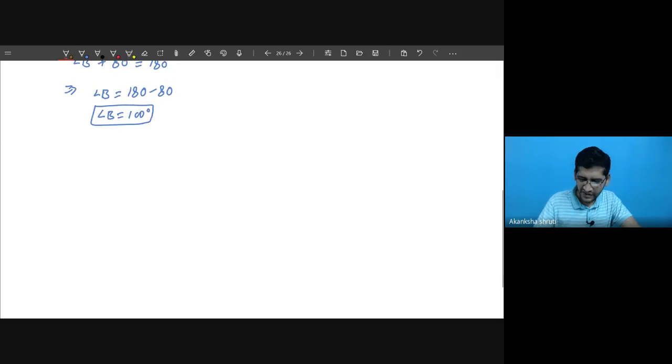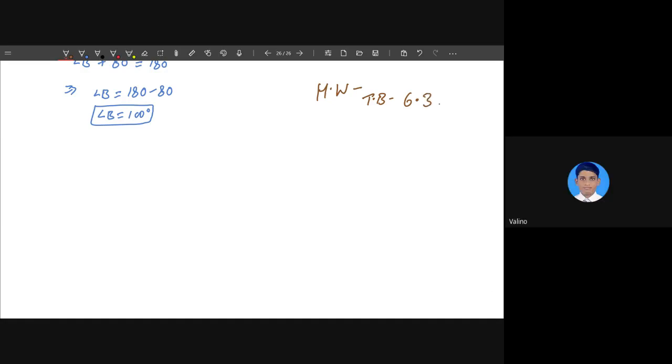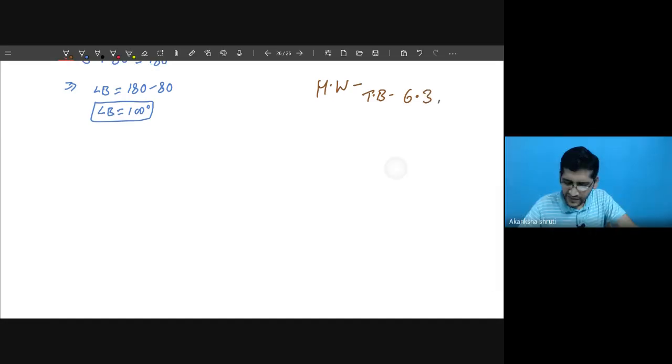So our homework, textbook exercise 1 and 2 we have already finished. 6.3. Now student, this exemplar problem, exercise 1 we have done.